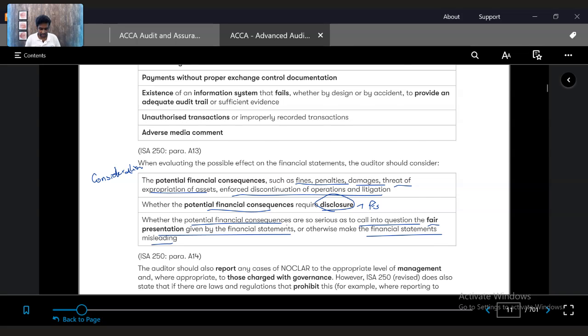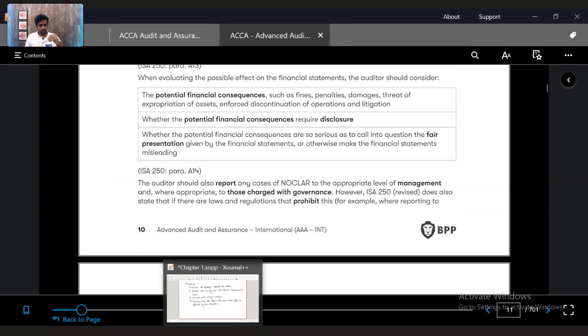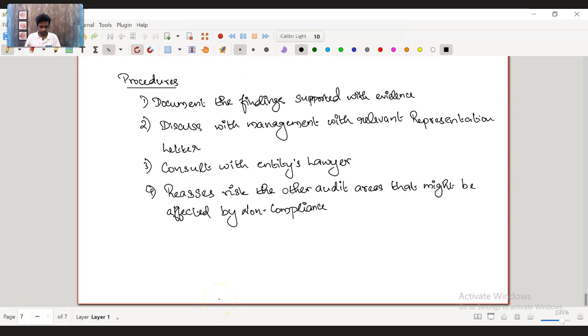So in terms of the procedure, what the auditors follow with respect to the NOCLAR. Firstly, document all the findings along with supporting evidence in relation to the NOCLAR. All the documents in relation to the NOCLAR have to be documented, and the findings have to be noted down.